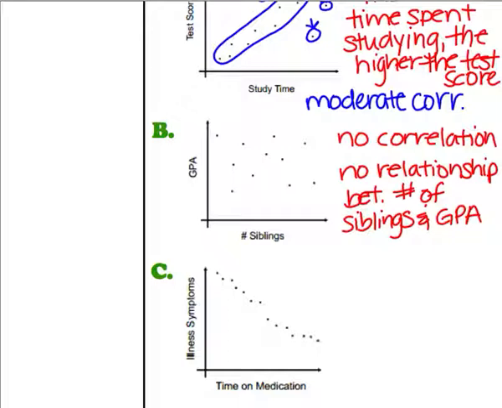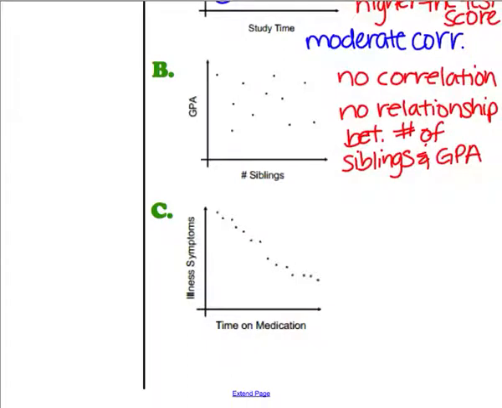Now if we look at this last one, it takes a look at the relationship between the time on medication and the number of illness symptoms that you have. As you can see, I can draw a pretty good line through this data. And as the time on medication increases, the number of symptoms is going down. This is what we would consider to be a negative correlation.